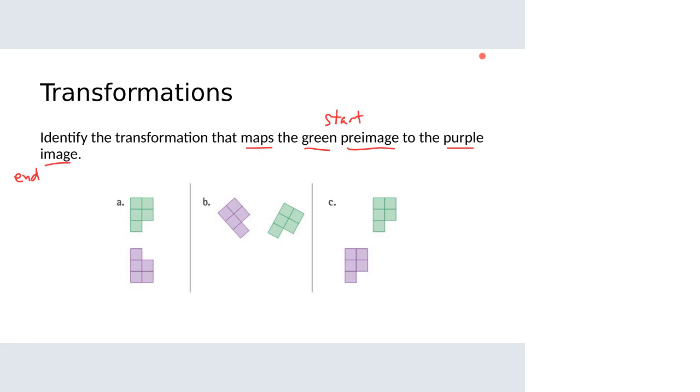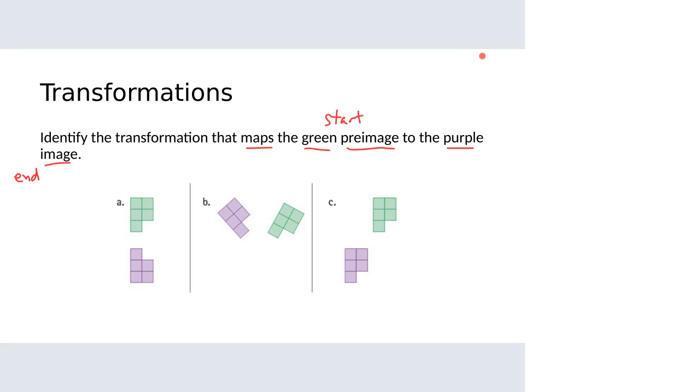So I sympathize if you don't see it right away. Some of you will. Some of you may have to really think it through, and that's okay. If you want a little more time, let me know. Otherwise, I'm going to start talking through these with letter A.